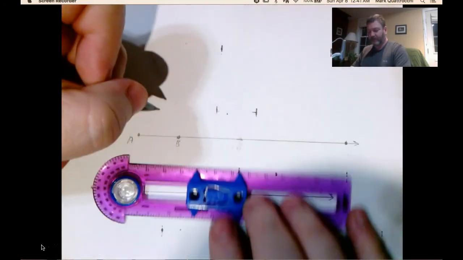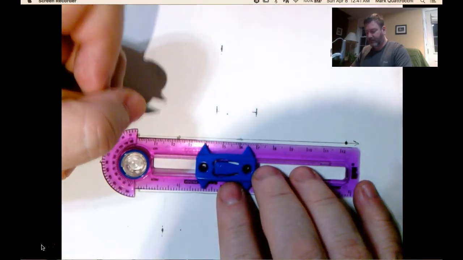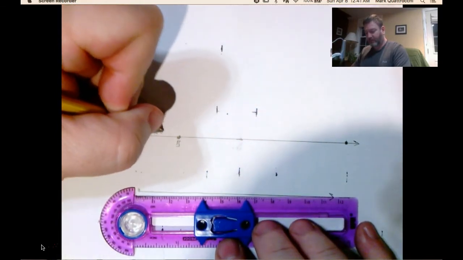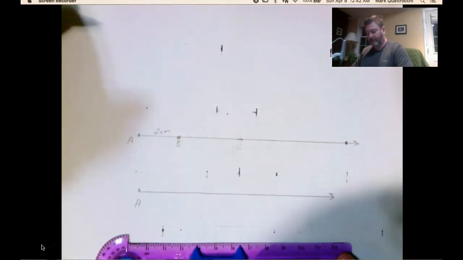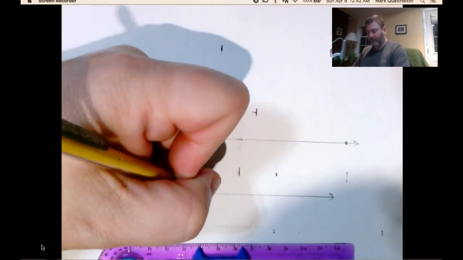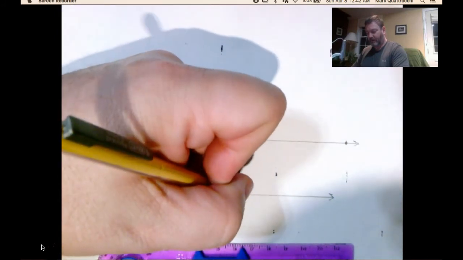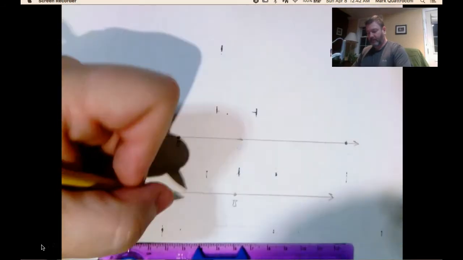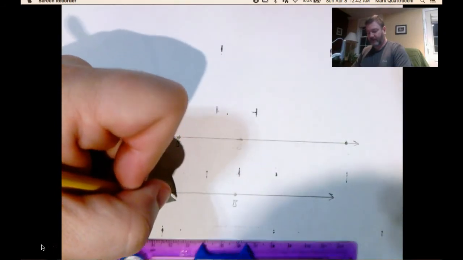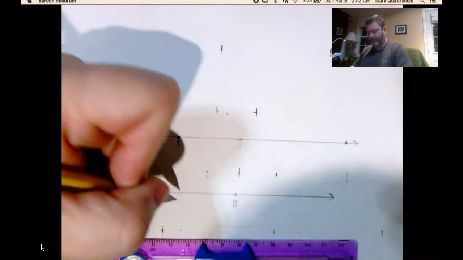So let's say this was 2 centimeters. This is A. I'm going to put B here. And I'm going to call this 15 centimeters, even though it's not in reality.